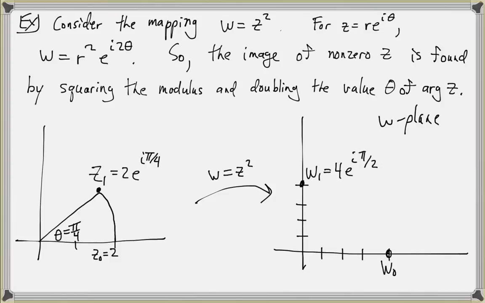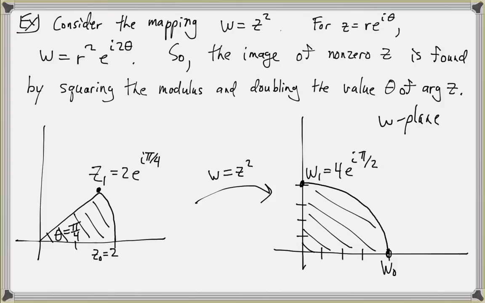We get this piece, it's like a quarter of a circle. So now we have this original wedge being transformed to the quarter of a circle centered at the origin with radius 4 in the w-plane.